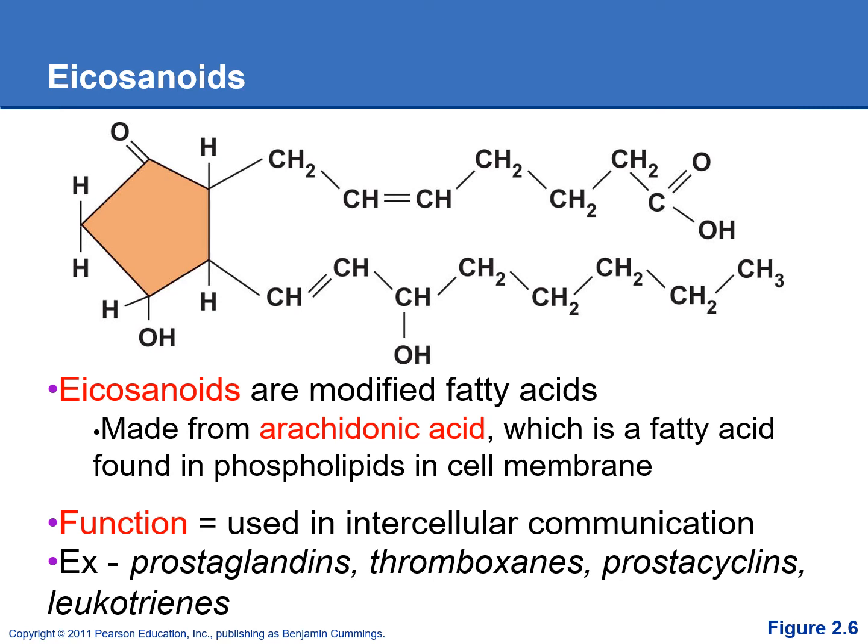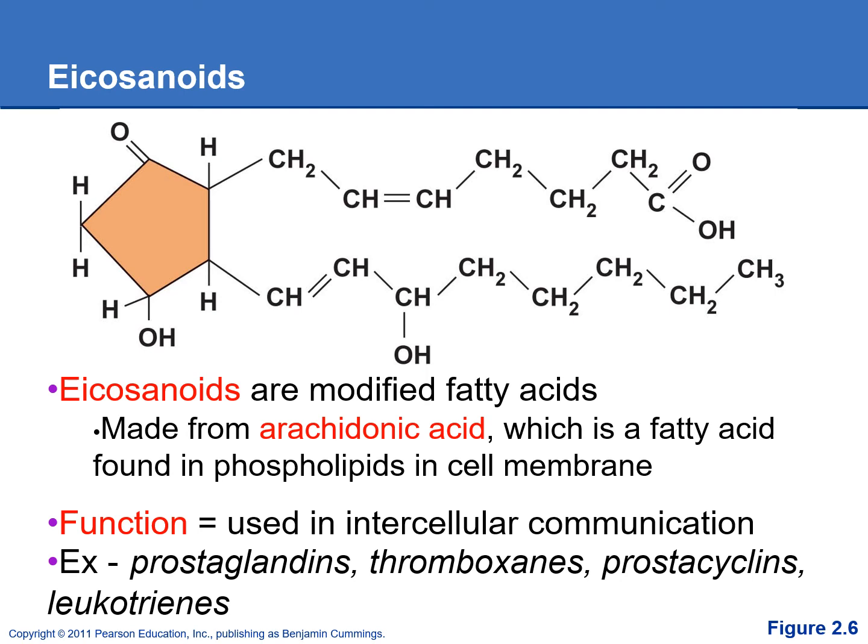Another lipid. These are called eicosanoids. So these are probably new for you. These are actually made from the phospholipids in the cell membrane. What happens is the fatty acid tails get converted to this arachidonic acid, and then that gets converted into these eicosanoids.